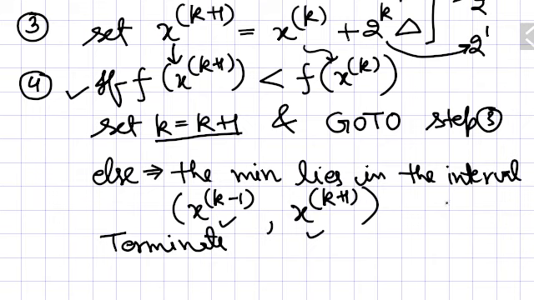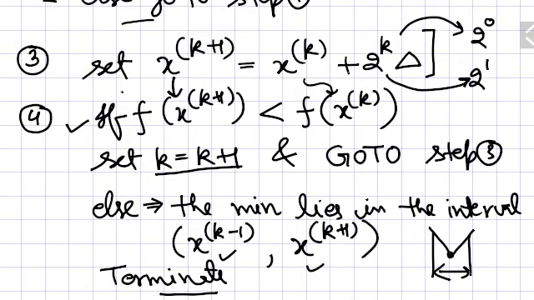So you have found that your minimum lies between these 2 points. So now you will terminate. And if it is not the case, then you will again go to step 3, and keep on doing this step until you get to this point.